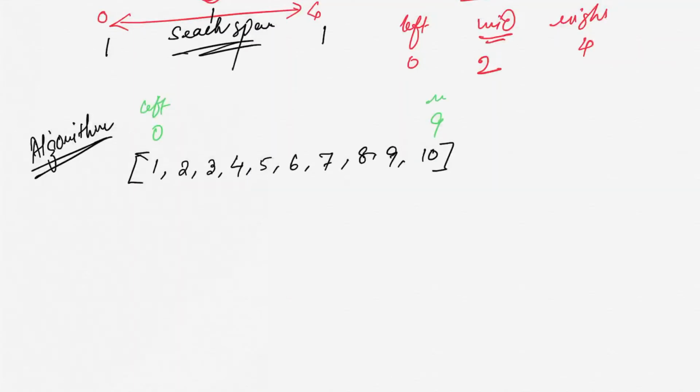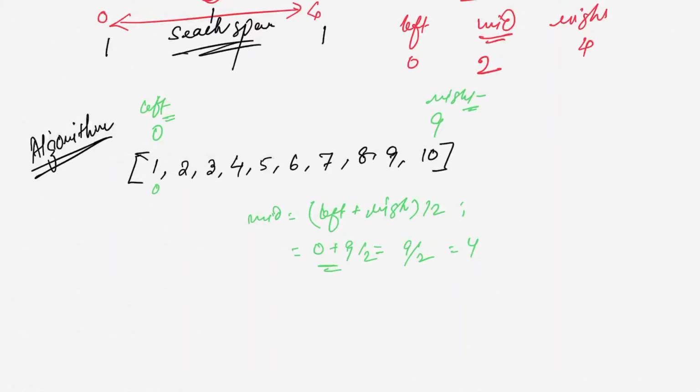This is the left. These are the terminologies we already discussed, and we have mid, which is left plus right divided by 2. In this case it's 0 plus 9, which is 9, divided by 2, which is going to be 4.